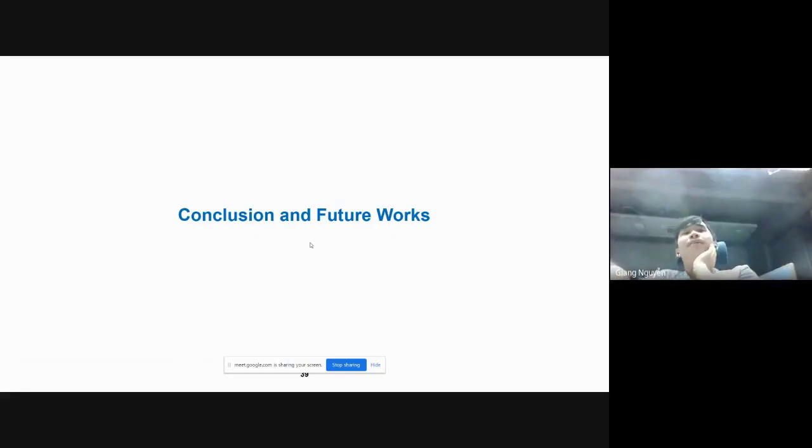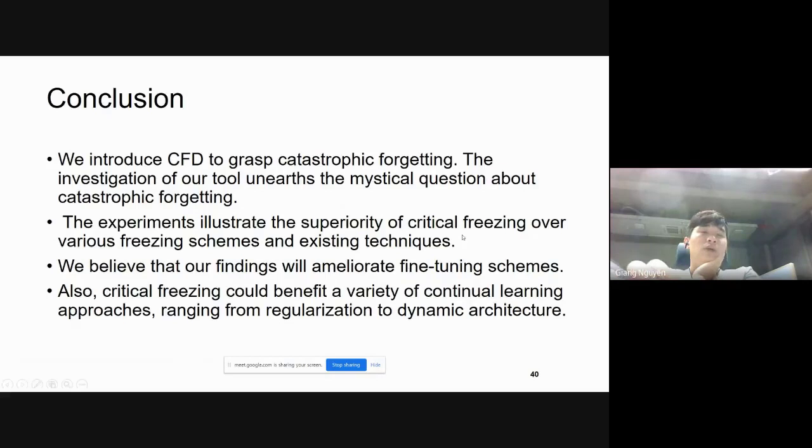So that's all the results of our work, and we come to the conclusion and future work. In this paper, we introduce CFD to grasp catastrophic forgetting, an investigation tool for the mystical questions about catastrophic forgetting: how it happens, and which layer is the victim of catastrophic forgetting.